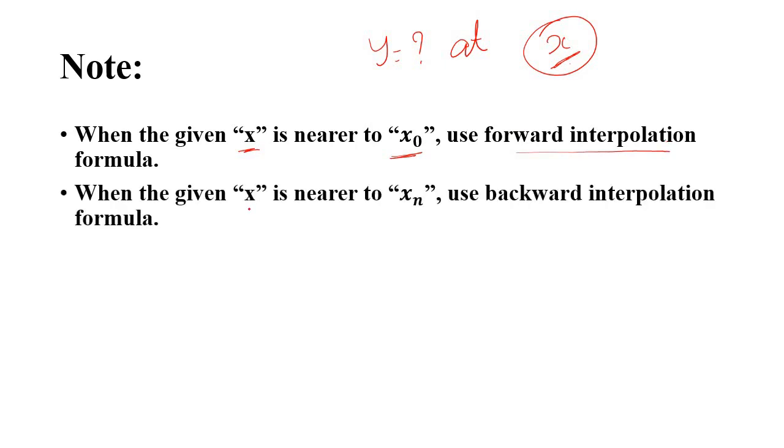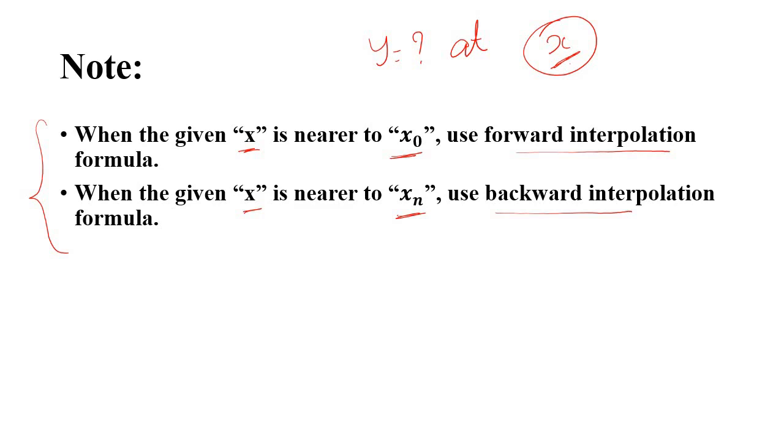Otherwise, if the given x is nearer to xn, prefer backward interpolation formula. So you need to be careful about these two statements. When the given x is nearer to x0, I am going to use forward interpolation formula. And when the given x is nearer to xn, I am going to use backward interpolation formula.